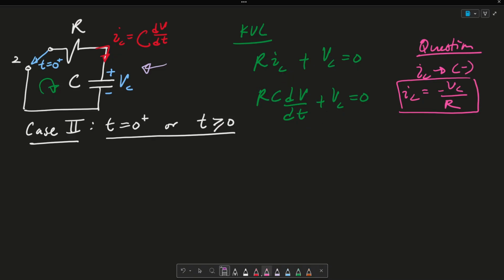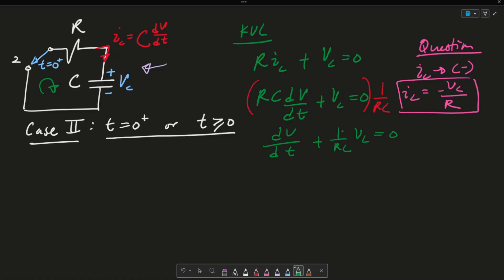Let's keep going. I'm going to multiply both sides by 1 over RC. This is going to be dV over dt plus 1 over RC times VC is equal to 0.